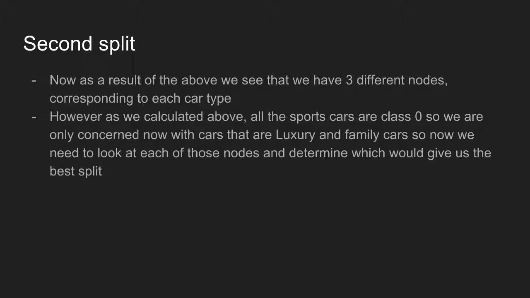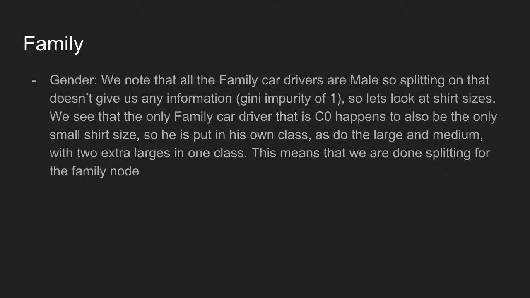Remember above we calculated all the sports cars have Gini impurity 0, so now we're only concerned with luxury and family cars. We need to look at each of these and determine which will work best for our second split. So we're going to be breaking this down into family and luxury car.